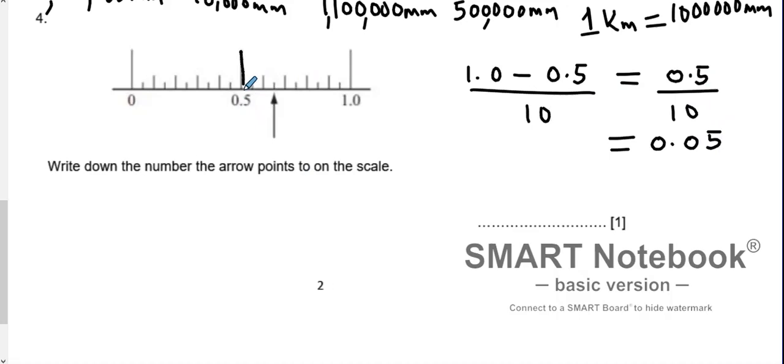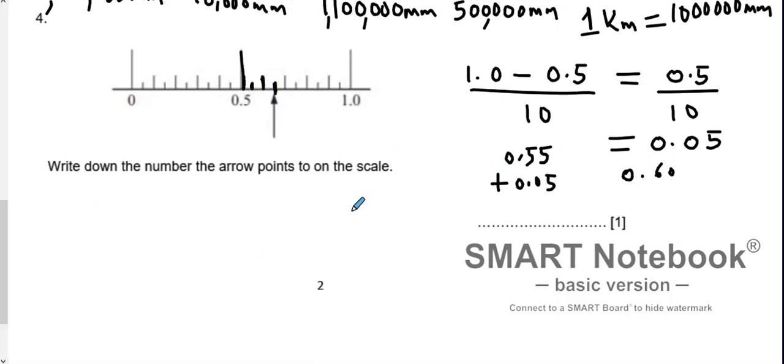So here will be 0.5, add 0.05, add 0.05, add 0.05. So this will be 0.55. Then 0.55 add 0.05, so here will be 0.60, and this one will be 0.65.